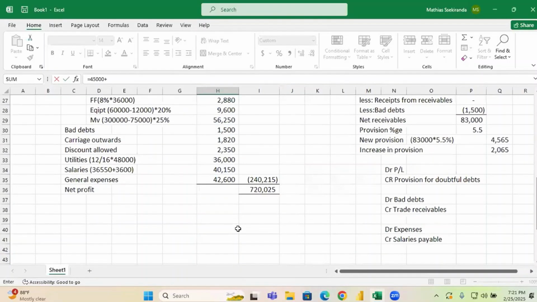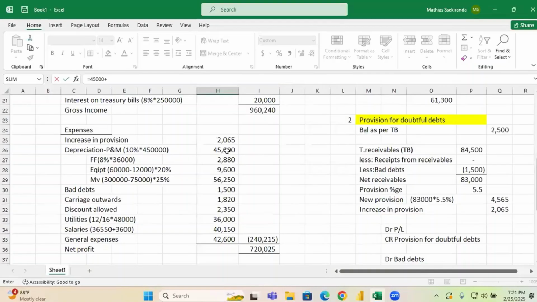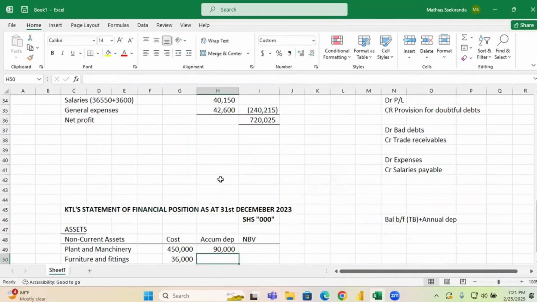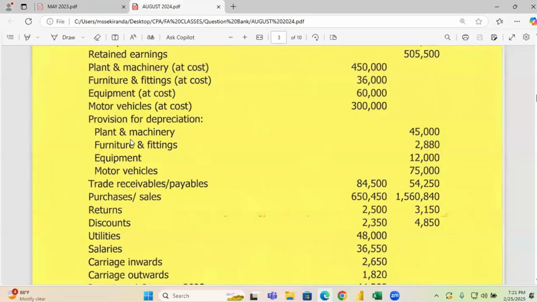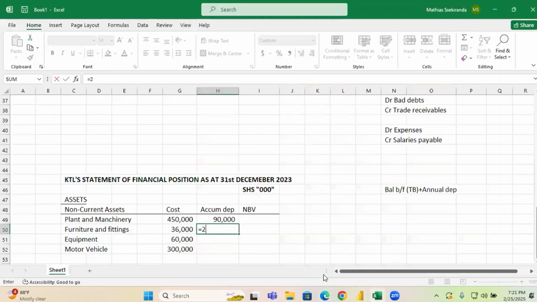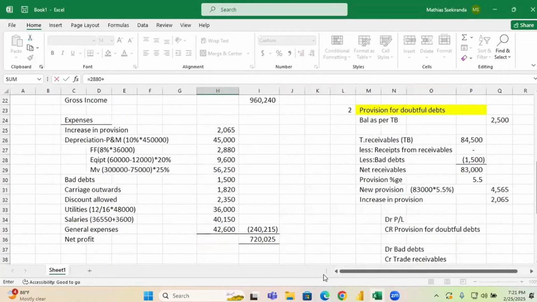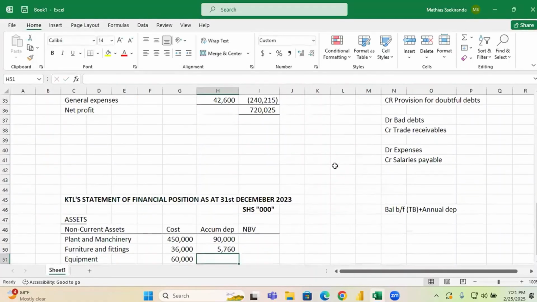Plus what you computed in the profit or loss, 45,000. So you get your end of year accumulated depreciation. Likewise, furniture, you get what was given as provision for depreciation or accumulated depreciation, 2,880, plus what you computed in your profit or loss, annual depreciation.